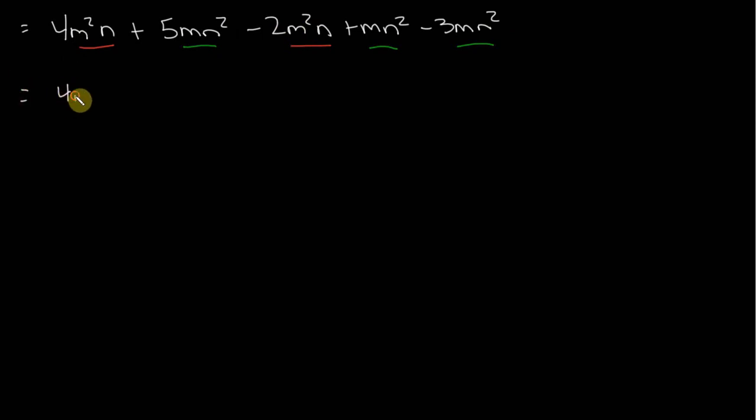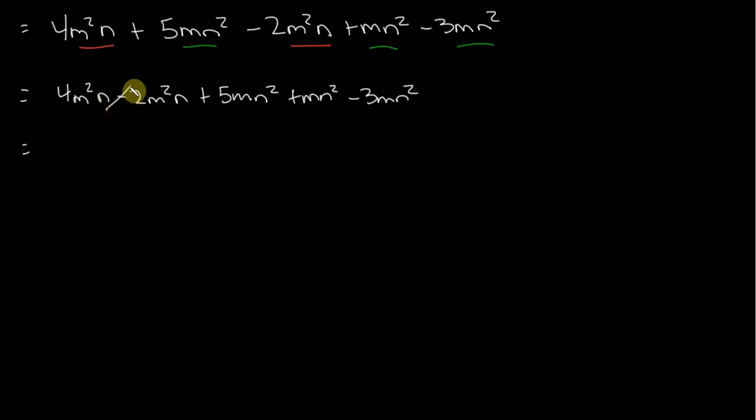So that's going to be 4m squared n minus 2m squared n plus 5mn squared plus mn squared minus 3mn squared. Alright, now that we've identified and organized, we can just combine.